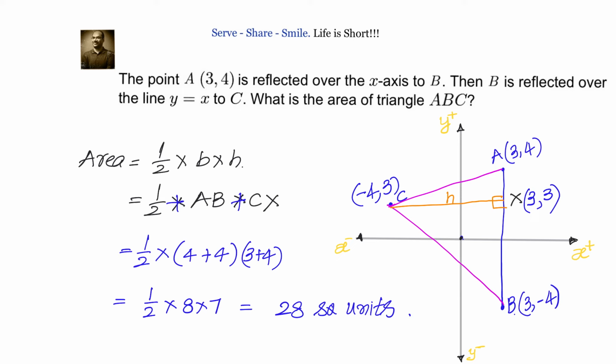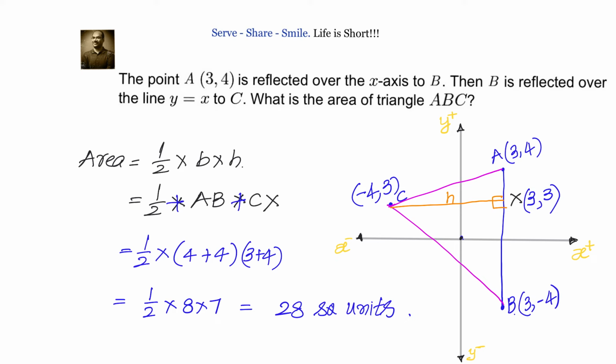Now we can calculate the area of the triangle by using the formula, half into sigma x1 (y2 minus y3). We can use that formula. Otherwise, we can leverage that one of the sides is a vertical line. If one side is a vertical line, then the altitude will be a horizontal line.